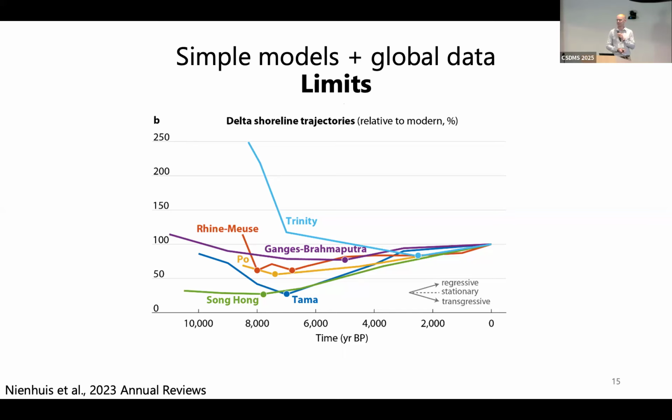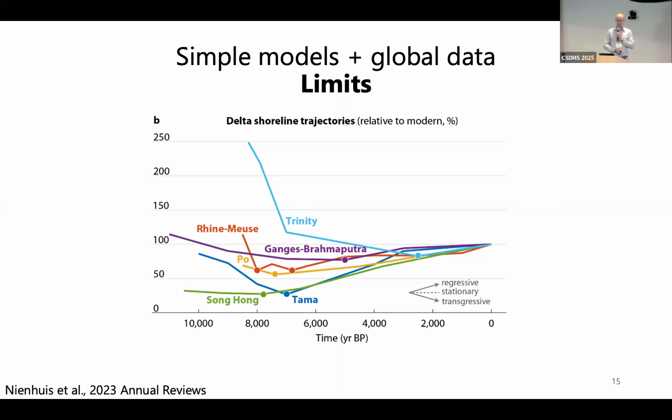Time for one more question. Wonderful talk, Jaap. In the beginning of your presentation, you showed simplified models compared to natural examples, and of course, nature is super complex.